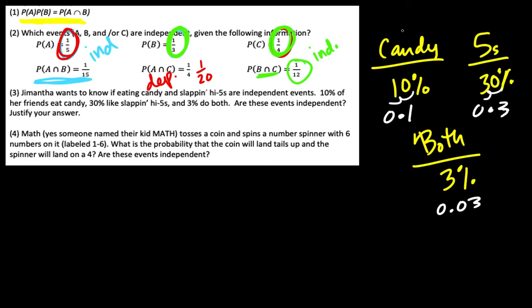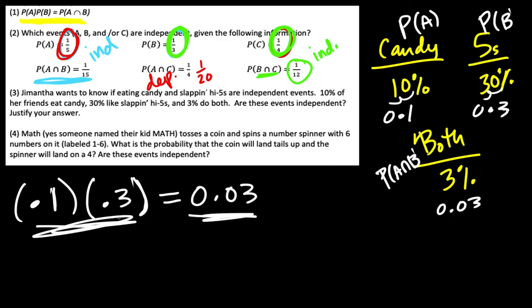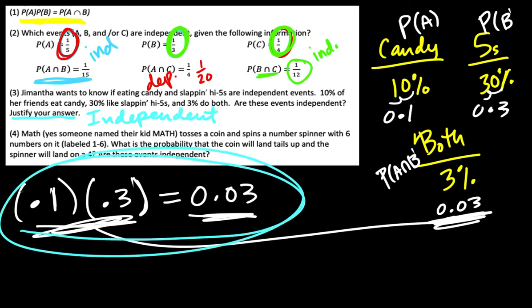This is like our event A. This is the probability of event B. And this is like the probability of A intersect B. So if we do 0.1 times 0.3, if we plug that into a calculator, it's going to give us 0.03. And since this is equal to this, we say that those are independent. And it says to justify our answer, justification is using that.